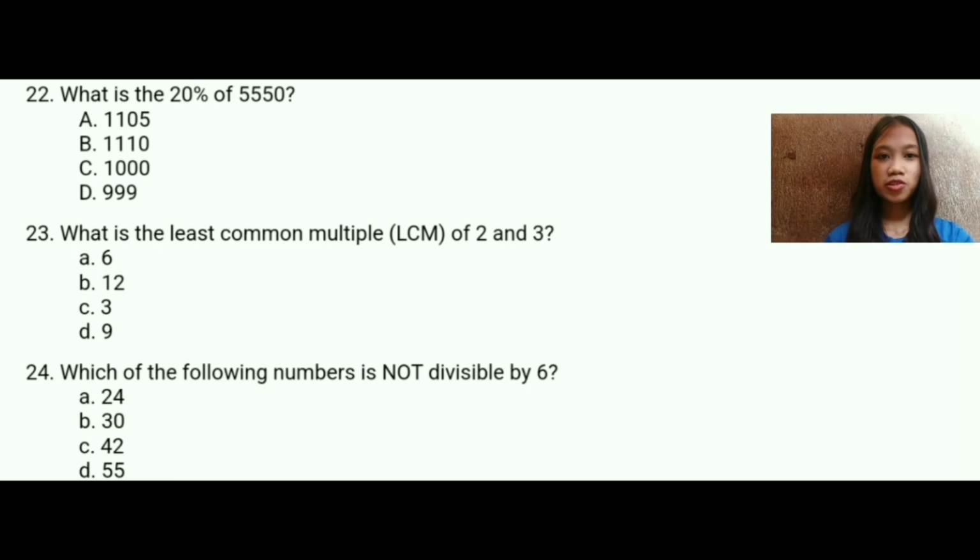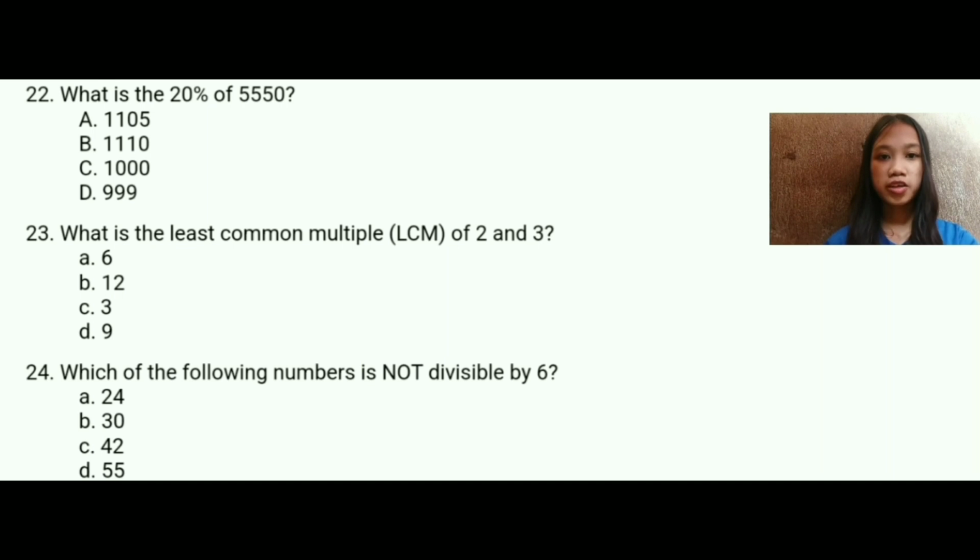Now let's proceed to number 22. What is 20% of 5,550? Is it letter A, 1,105? Letter B, 1,110? Letter C, 1,000? Or letter D, 999?